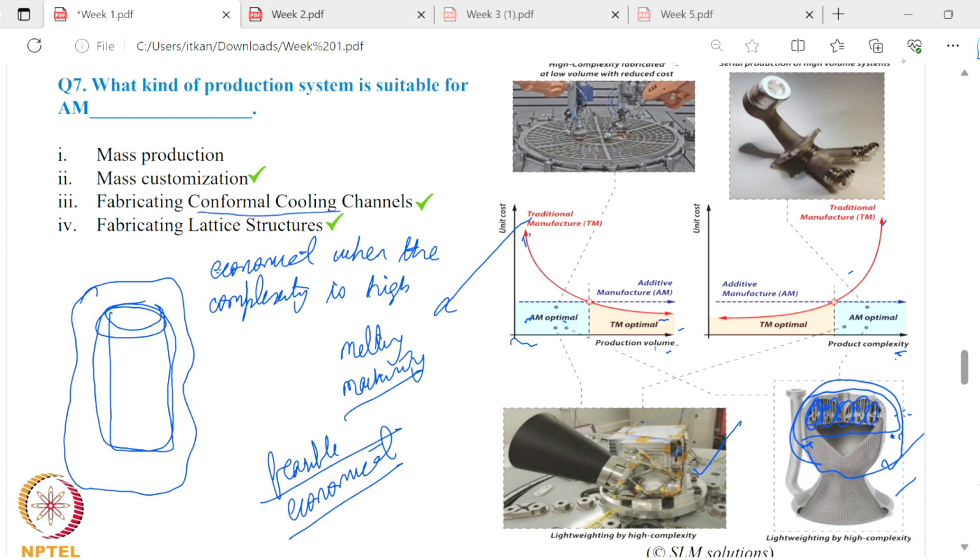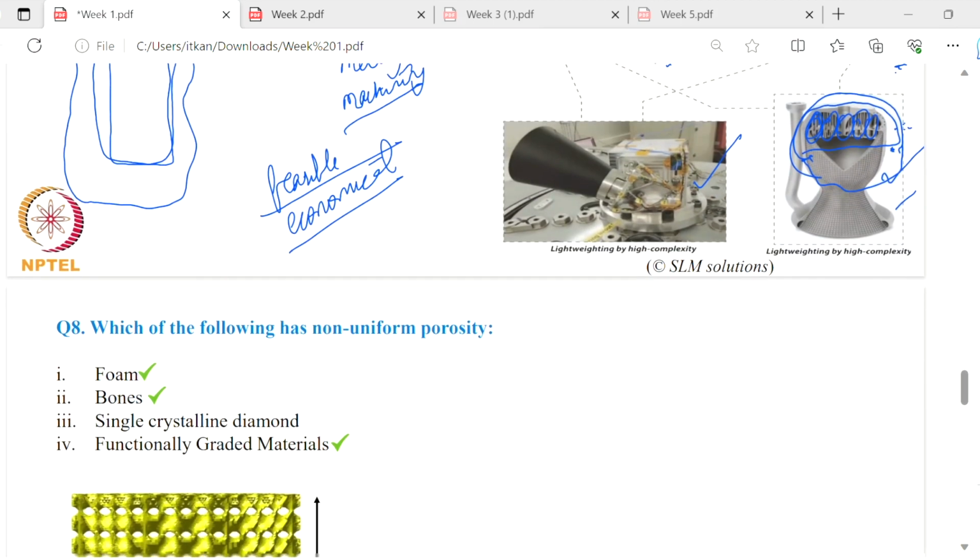Now, what is this? There is an engine where from the sides we have to make a channel. That is a conformal cooling channel. It will transfer the heat and behave as a heat transfer agent. Mass customization we already discussed, and fabricating lattice structures also we discussed.